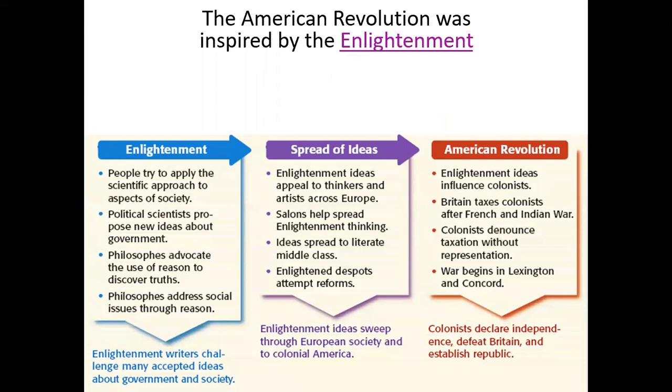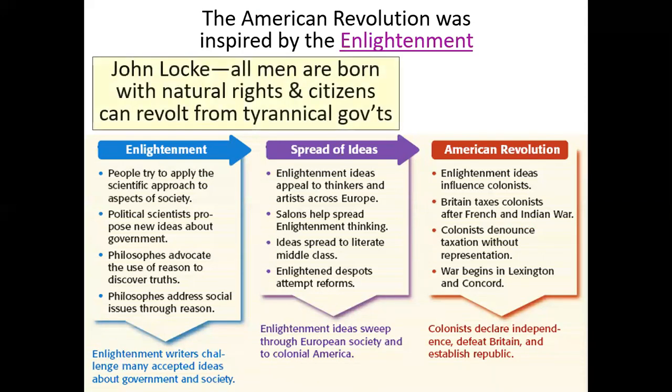Now, we remember that the Enlightenment was a huge inspiration for the Declaration of Independence and all these political ideologies that would spread during this time and get our leaders interested in having a revolution. So, like John Locke, all men are born with natural rights, and the citizens can revolt against a tyrannical government.